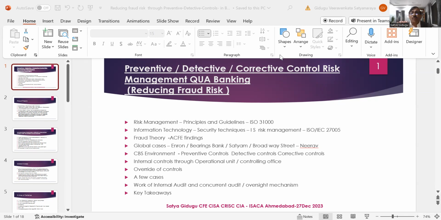So override of control: sometimes you have to override the controls. But the override should happen only in exceptions, no? Like TOD, overdraft. You are all chartered accountants, most of you, you will be seeing TOD in a bank. Your current account is there, and one LCT check came, a 1 lakh rupee check.